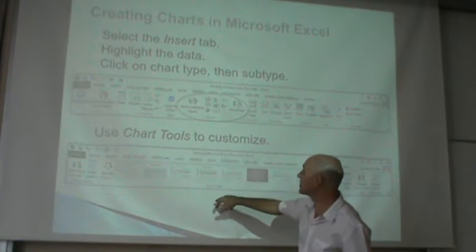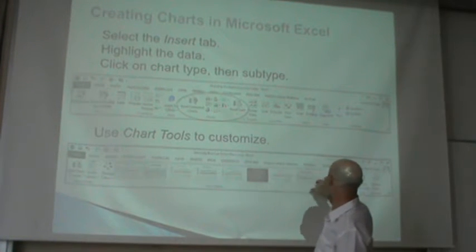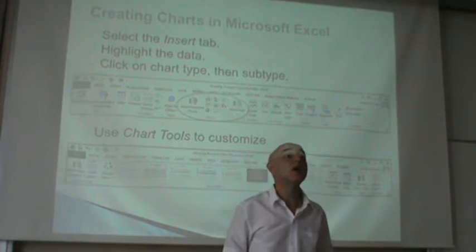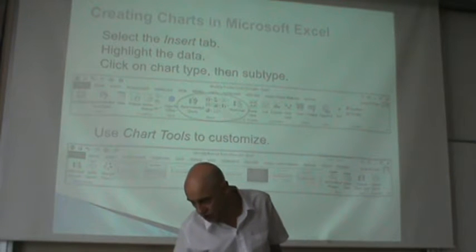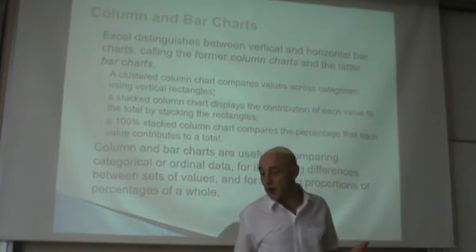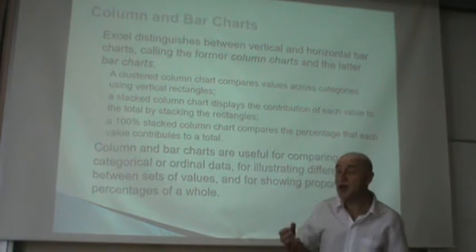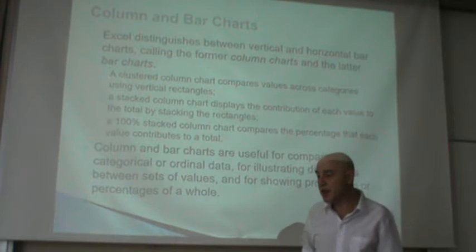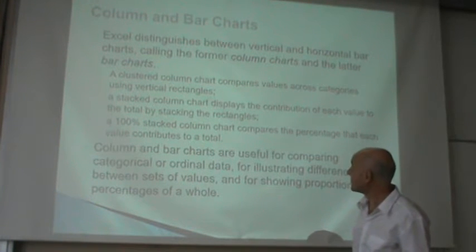And they give you some of the chart styles. You can choose over here different styles. You'll have to learn the basic styles. One example of a basic style is a column chart and a bar chart, okay?